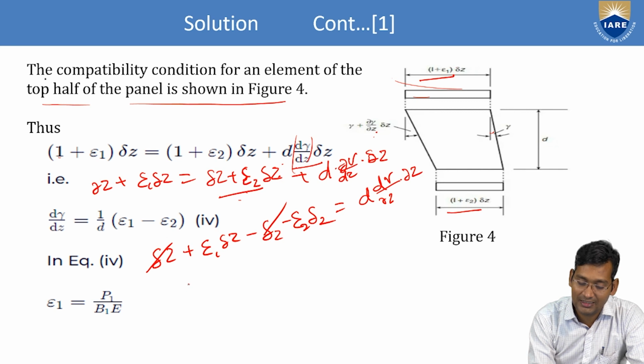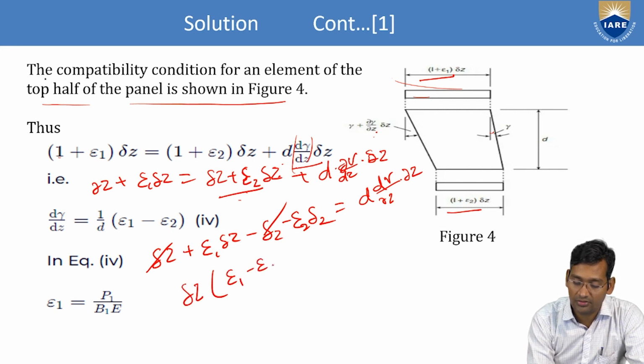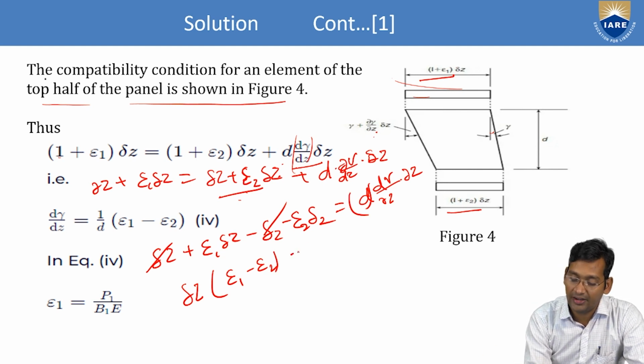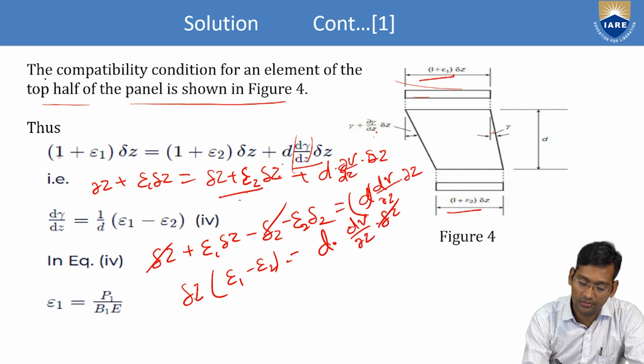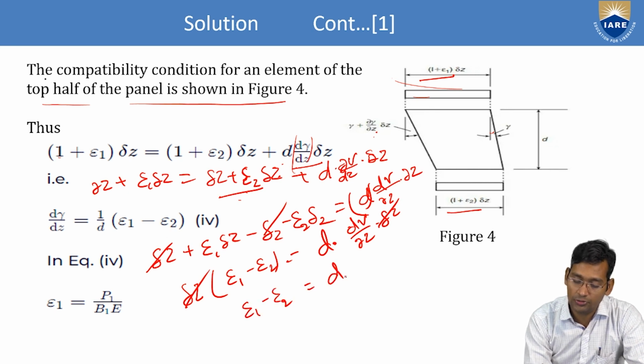After taking this del Z common, what we will get? Epsilon 1 minus epsilon 2. This is D, not differentiation d. That is equals to D into d gamma by dz into del Z. So this del Z gets cancelled, and we have epsilon 1 minus epsilon 2 equals to D into d gamma by dz.